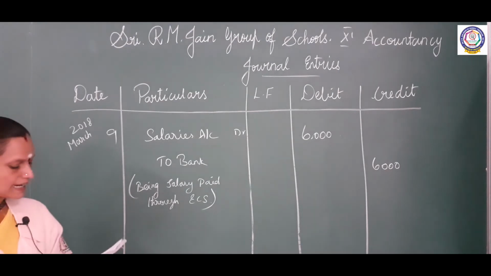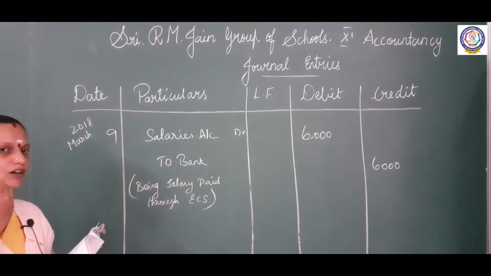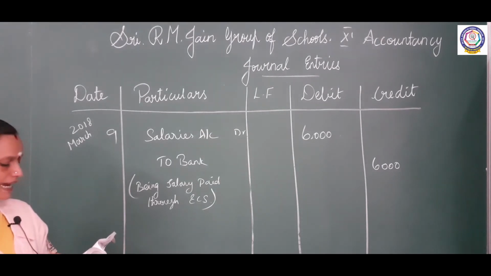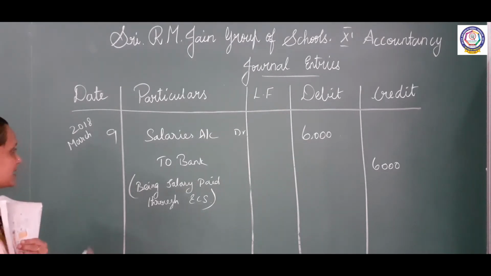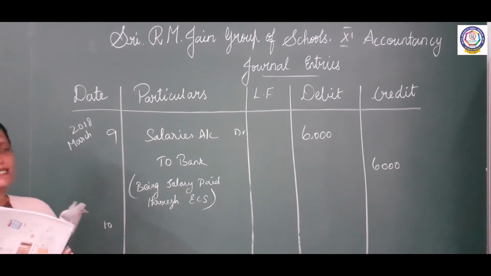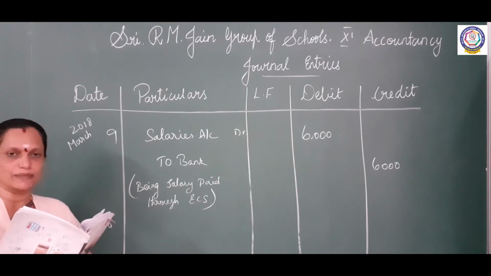Then cricket bats donated to a trust. It is a donation. A particular person only will donate for orphanage or somewhere else. So it is a donation. A person only is giving, isn't it?